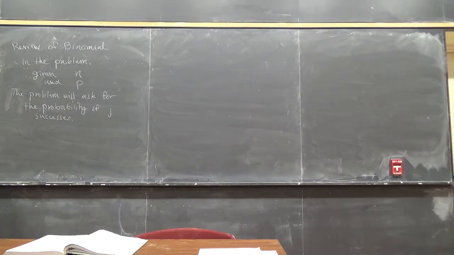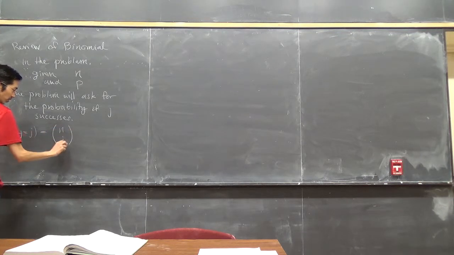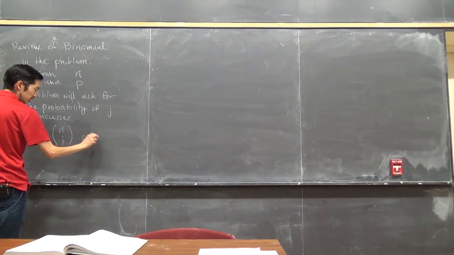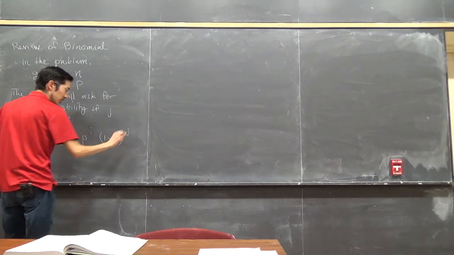To answer that, the probability of having y equal to j successes is equal to n choose j, p raised to the j, 1 minus p raised to the n minus j.